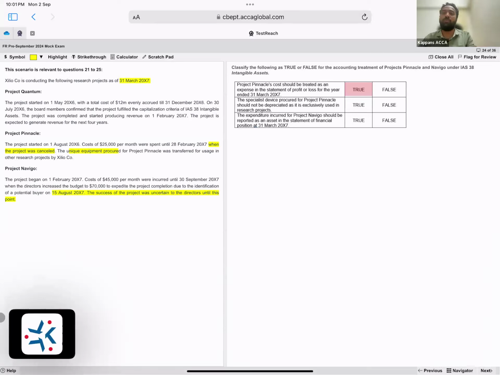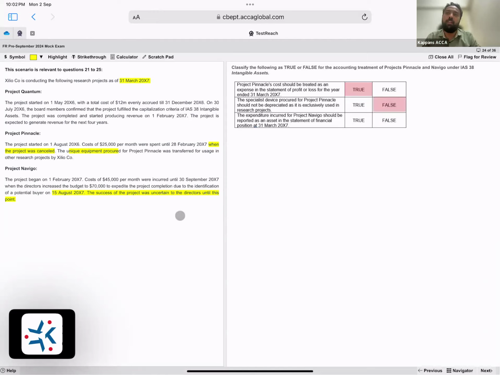That is true. Second one, the specialist device procured for Project Pinnacle should not be depreciated as it is exclusively used in the research project. That is false. The specialist device, its equipment can be depreciated.